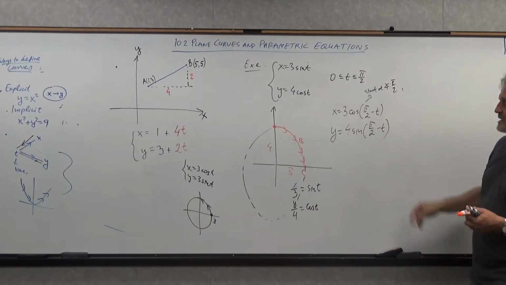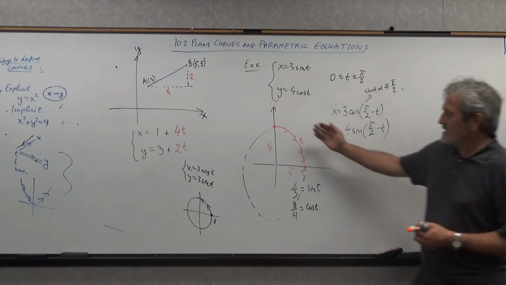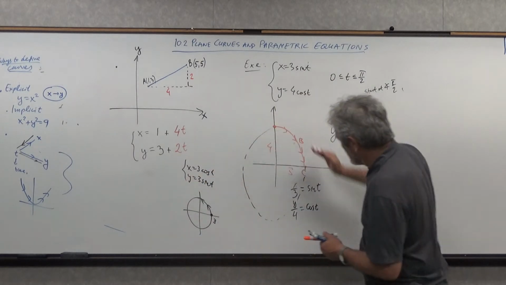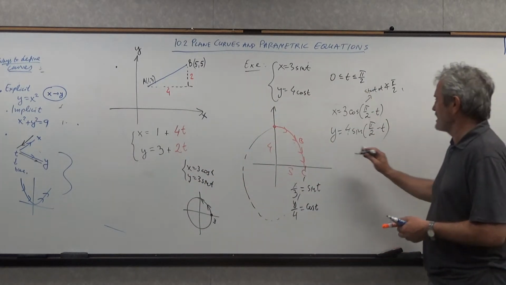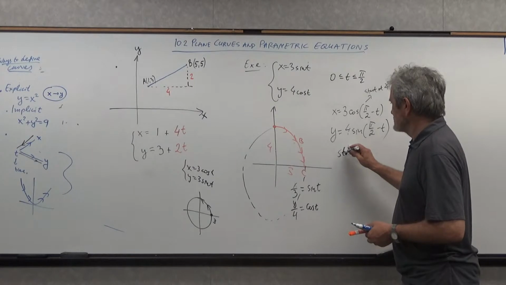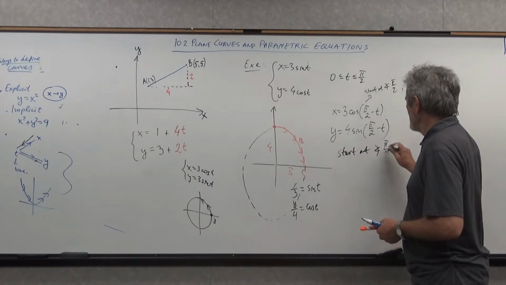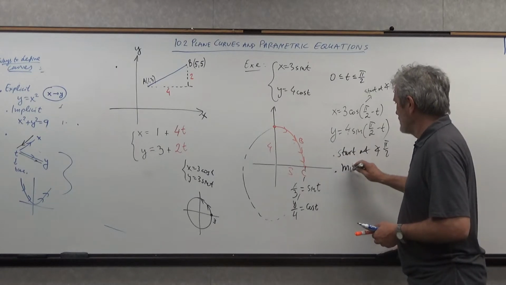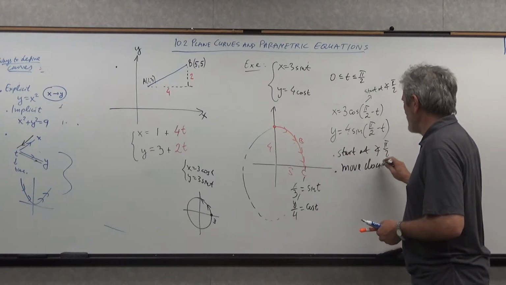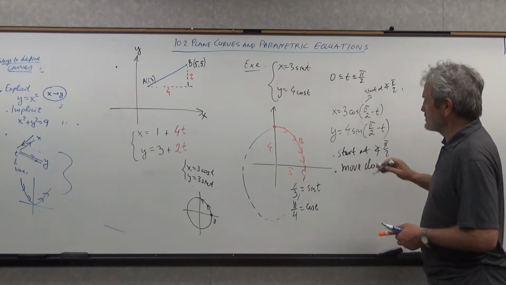And what else? Since I'm now subtracting t, I'm not going counterclockwise as normally, I'm going clockwise. So conclusion: start at angle pi over 2, move clockwise. And that's what I did.